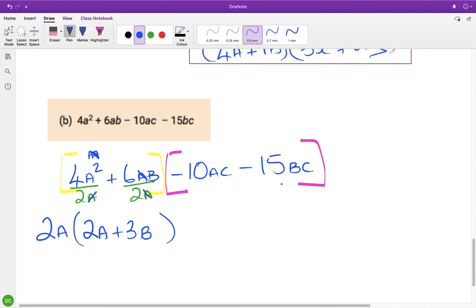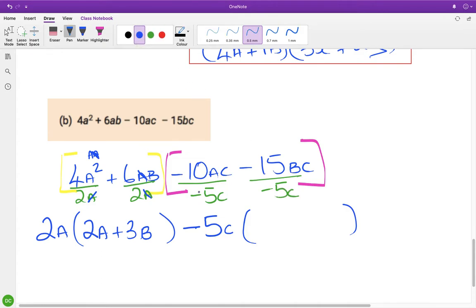Now, over here. Okay, so I have a minus 10 and a minus 15. So the highest common factor there is minus 5. And then I have ac and bc. So the common letter is going to be c. So once I have my highest common factor, I open up my bracket and I divide by the highest common factor, which is minus 5c.